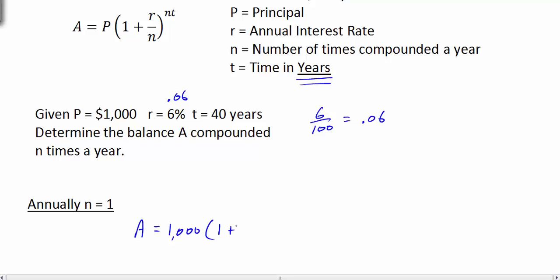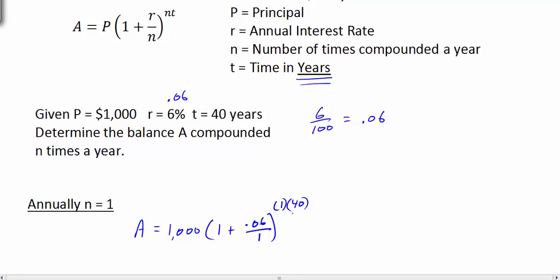So we want to use the decimal form, which is 0.06. And then this is 0.06 divided by n. Well, n is equal to 1, so we can kind of ignore that in this case, but it's 0.06 over 1. And then that's raised to the power of n times t, so that would be 1 times the amount of time, which is 40 years.